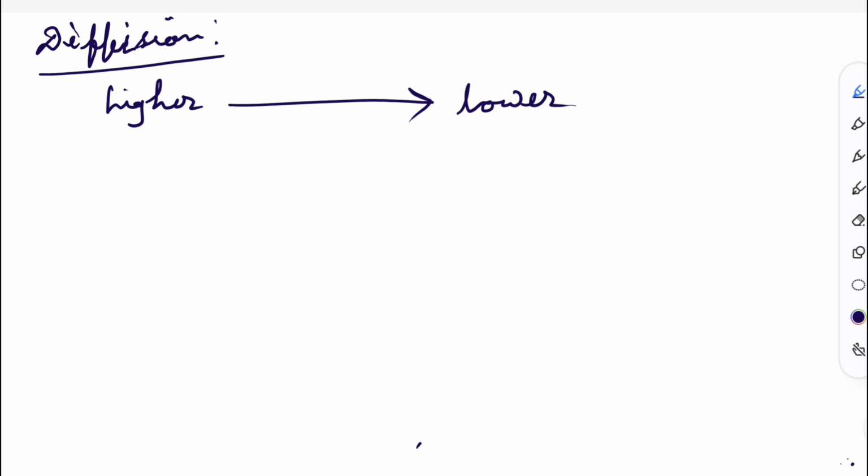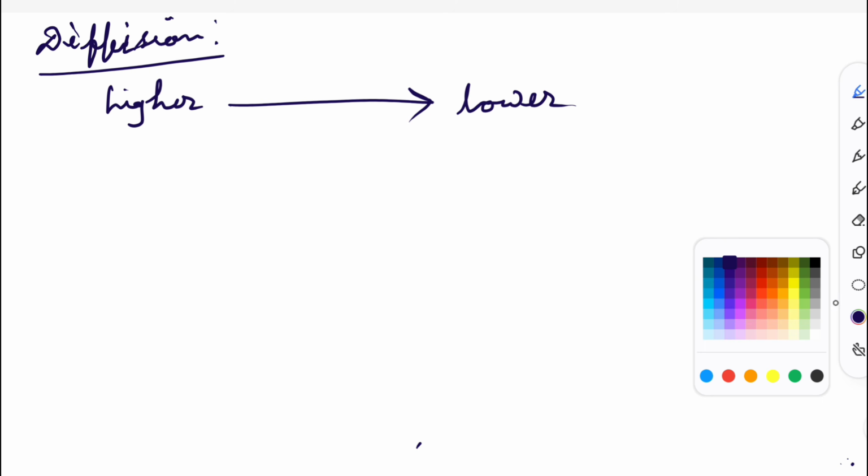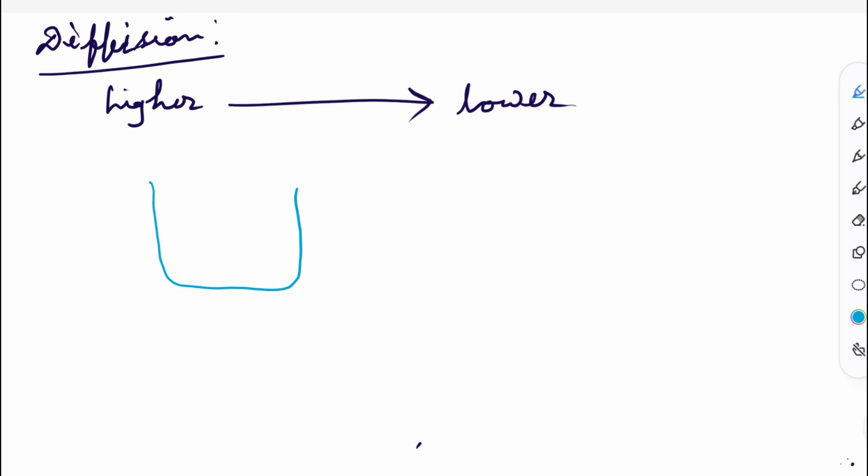Fine. Now I'm going to give some examples. Suppose here is a beaker, and this beaker is filled with water.